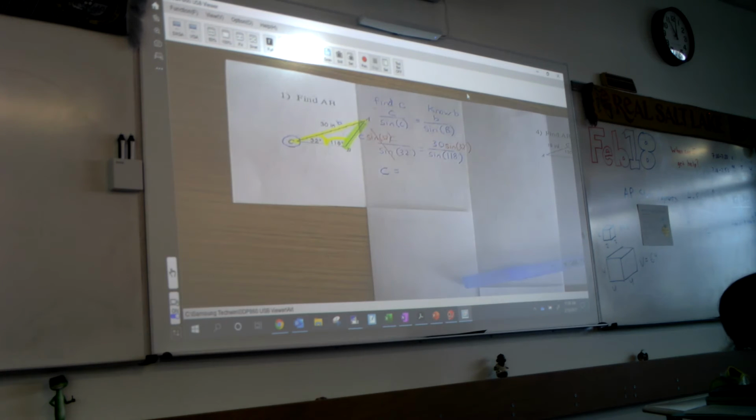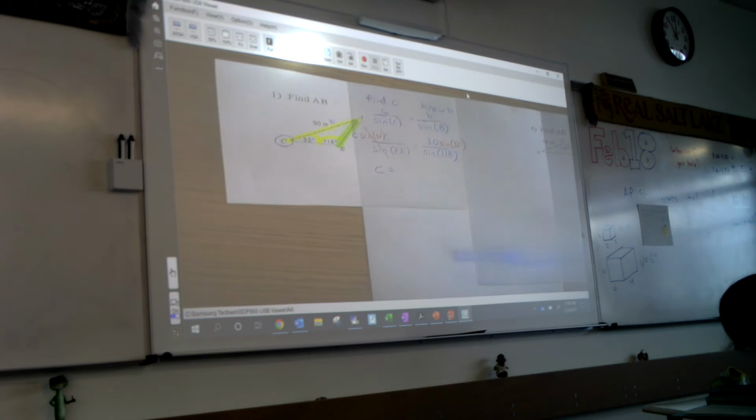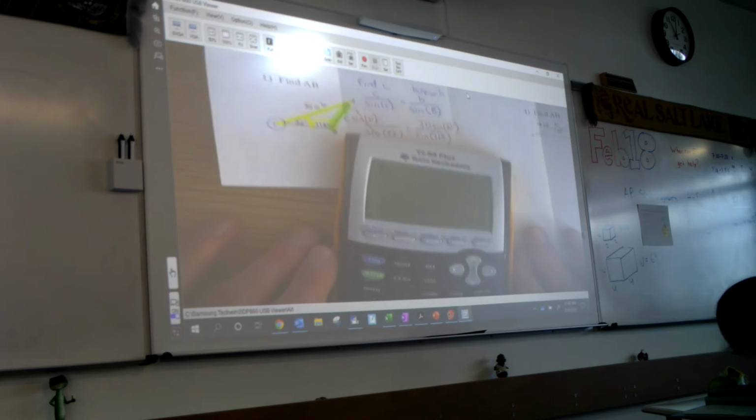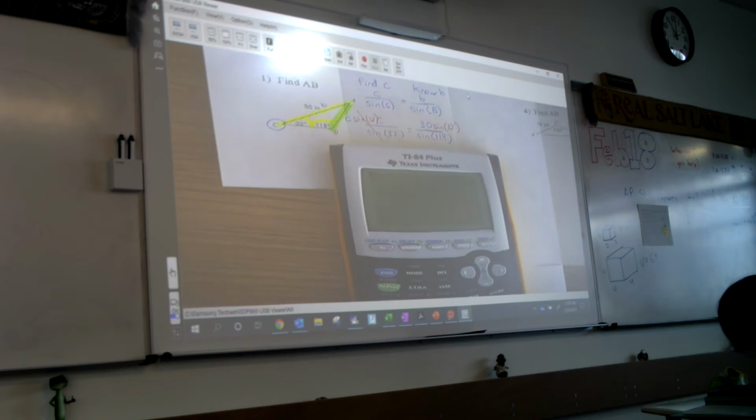Make sure you close the parentheses after 32. And then divide it by sine of 118. I'm going to show you that on my calculator as well. I'm going to put 30 times the sine of 32, close parentheses, and then divide that by sine of 118 degrees.